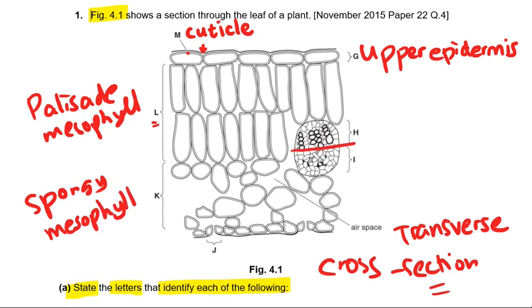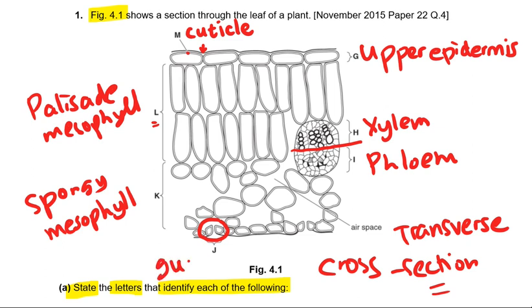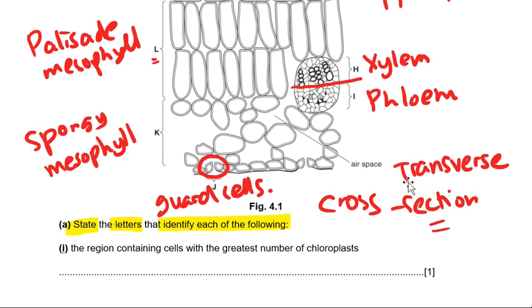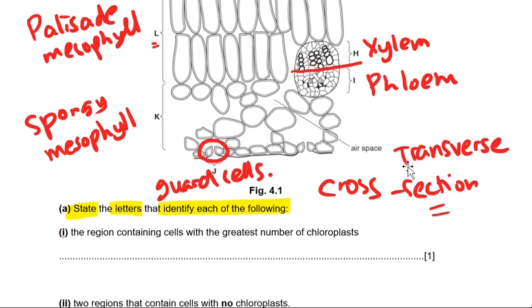H right here refers to the top part, and that is the xylem, and the bottom are your phloem. And J refers to these two bean-shaped cells here, and these are your guard cells. Now that we have identified all of these letters, now we can start answering the question.